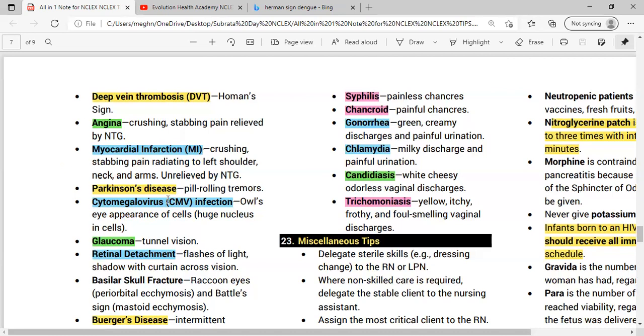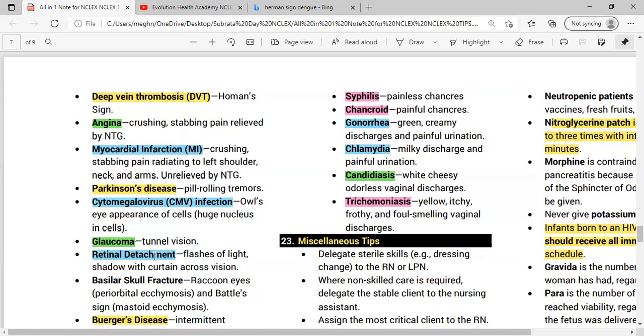Cytomegalovirus, shortly called CMV, is more common if anybody is immunocompromised, after organ transplant or HIV positive. We see an owl's eye appearance of the cell, with a huge nucleus present. In case of glaucoma, we find tunnel vision and increased intraocular pressure in the eye.